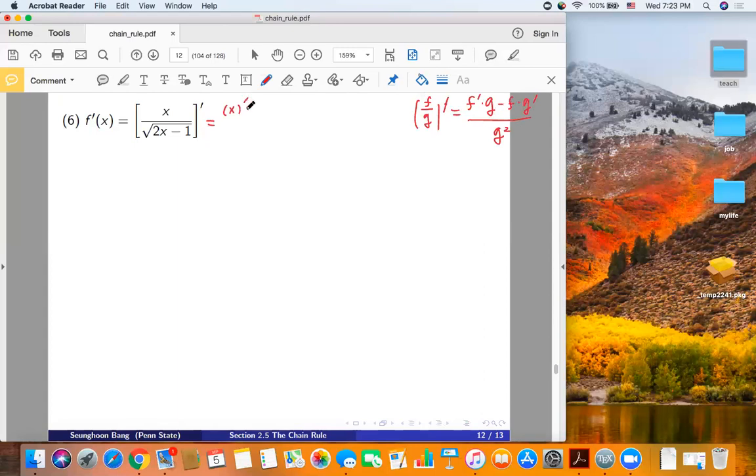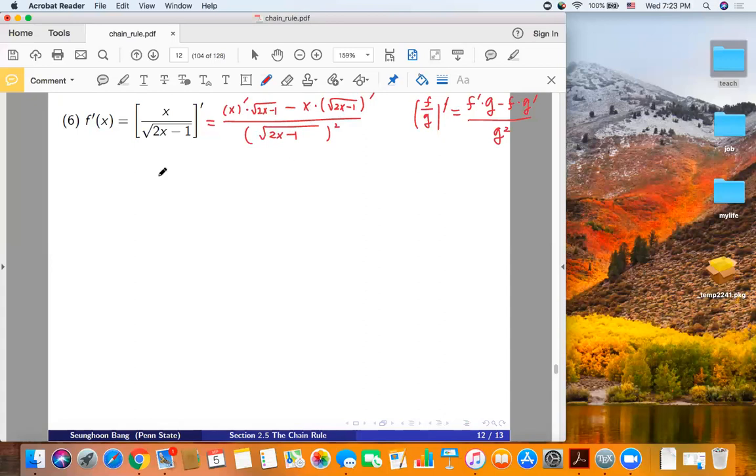X prime times the square root of 2x minus 1, minus x times the square root of 2x minus 1, prime, over the square root of 2x minus 1 squared. So like this.